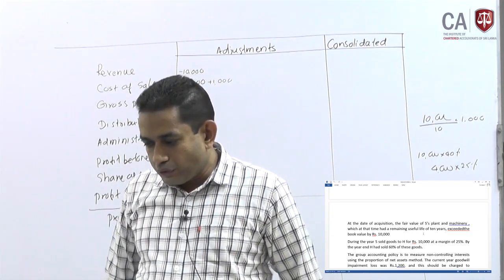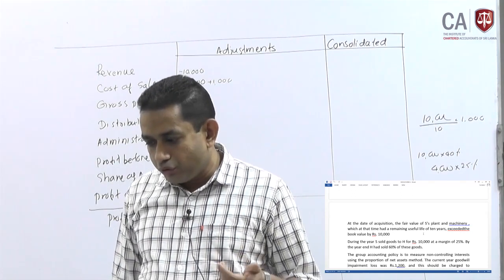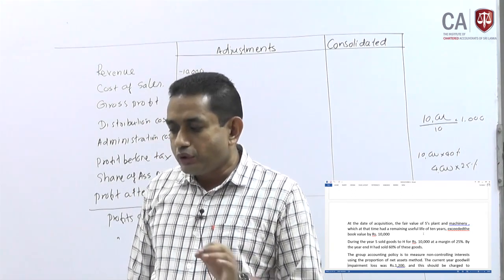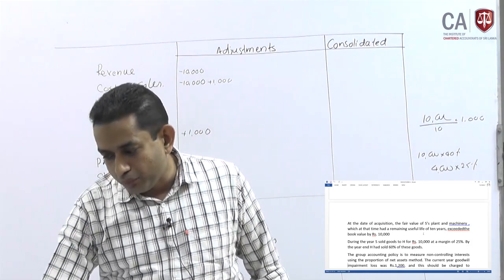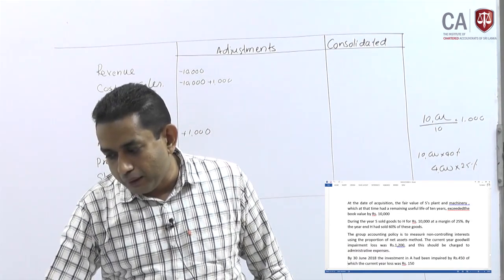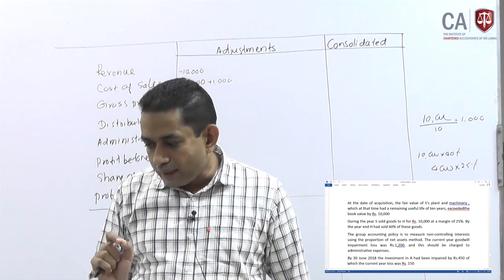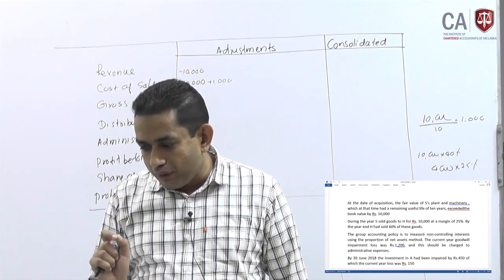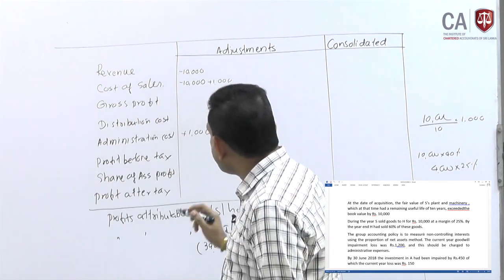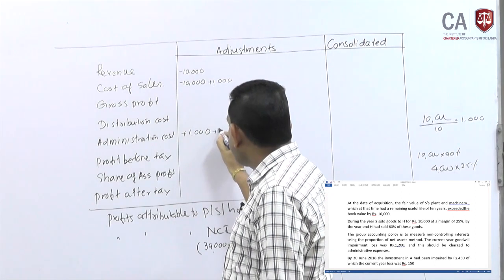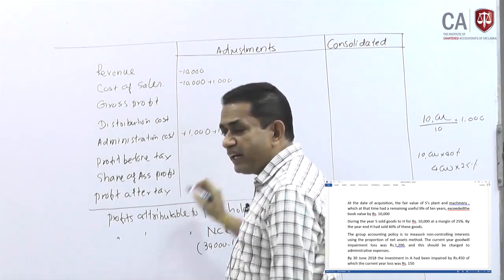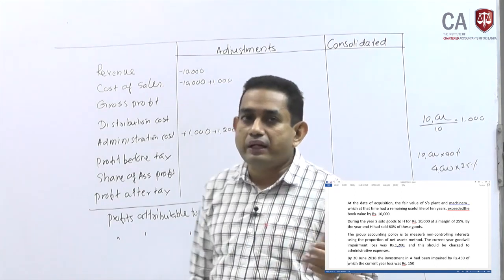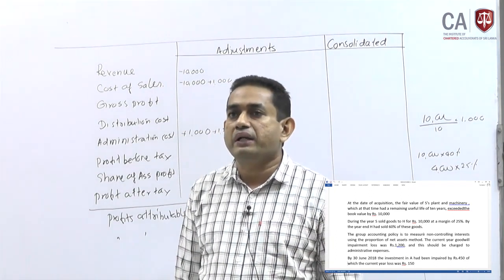Non-controlling interest was measured at the book values of proportionate net assets. So, the goodwill impairment has been there. How much? Goodwill impairment loss for the current year was 1,200, added to administration expenses, and this loss has to be taken over only by the parent company.